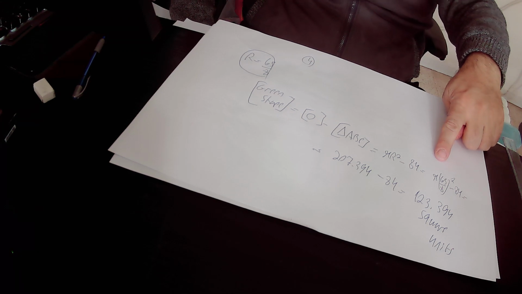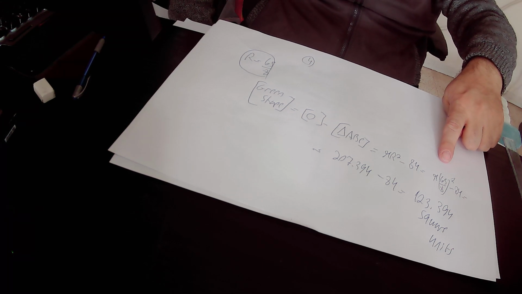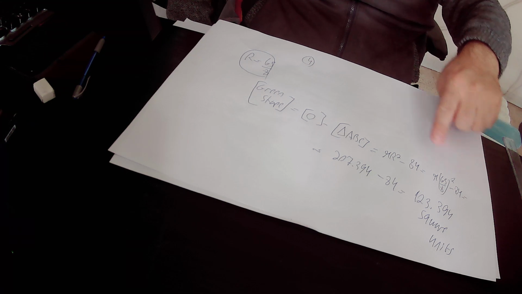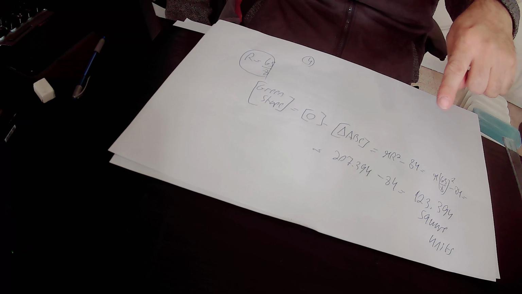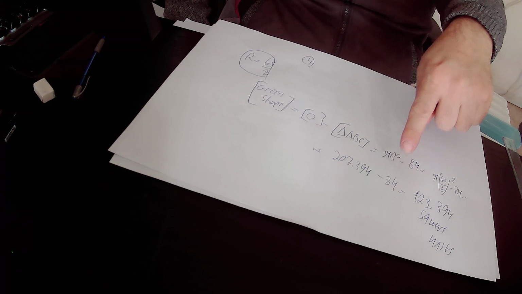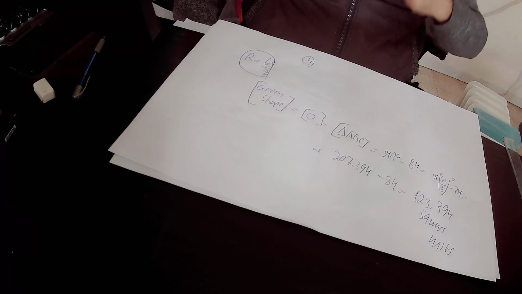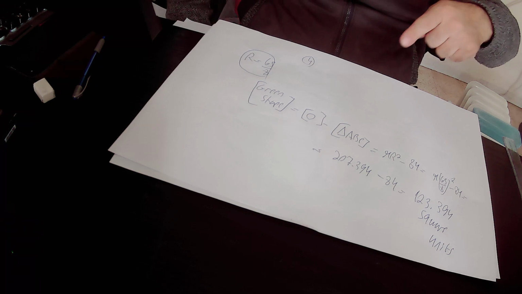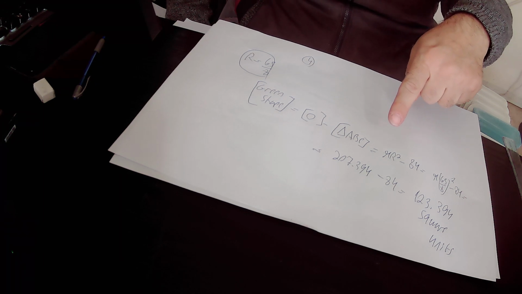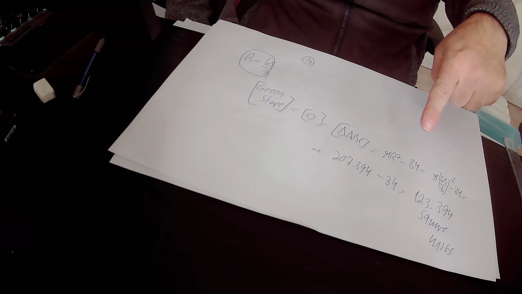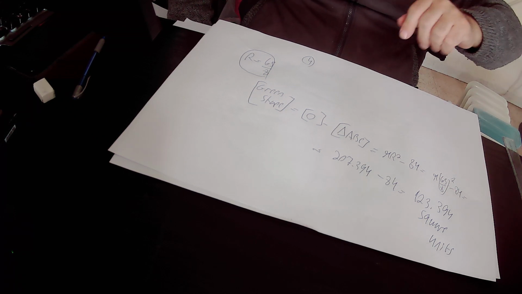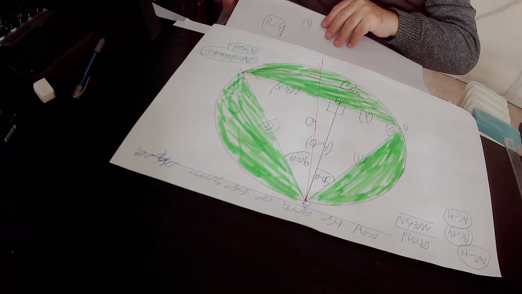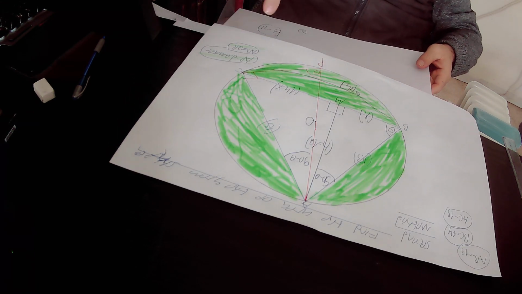In total, this expression pi times 65 over 8 squared equals 207.394 square units, minus the area of triangle ABC, that is 84. 207.394 minus 84 is 123.394 square units.